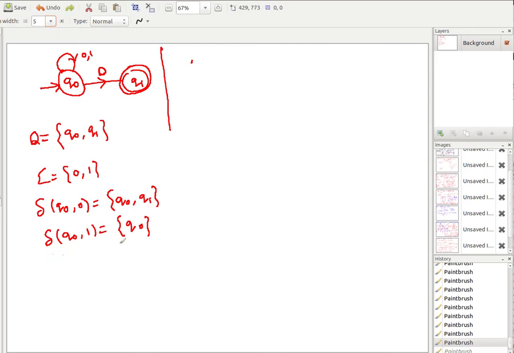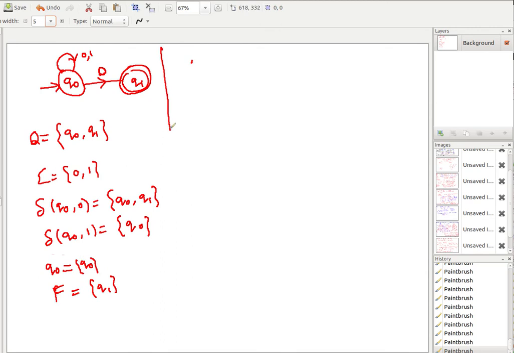That's all the transitions. Then your start state is Q0, the same state. And then what is the final state? It is Q1.